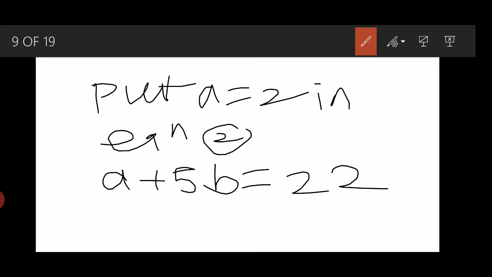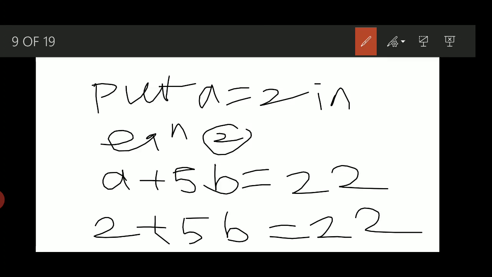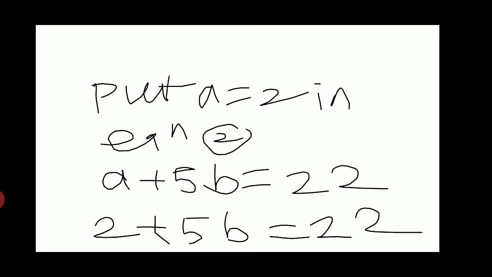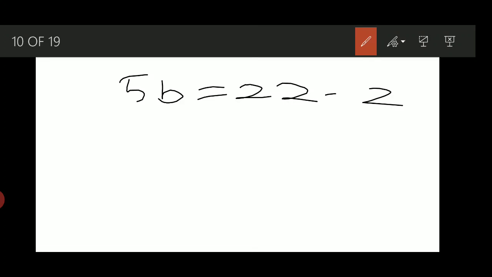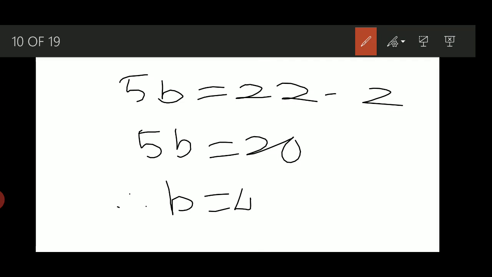Now put the value of a: 2 plus 5b is equal to 22. Now 5b is equal to 22 minus 2, that means 5b is equal to 20. Therefore b is equal to 4. Hence we get a is equal to 2 and b is equal to 4.